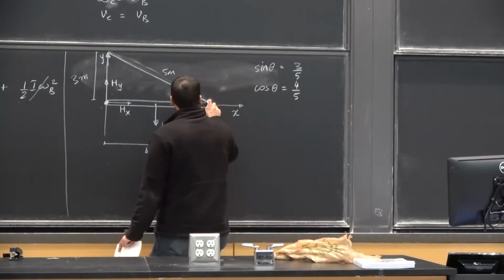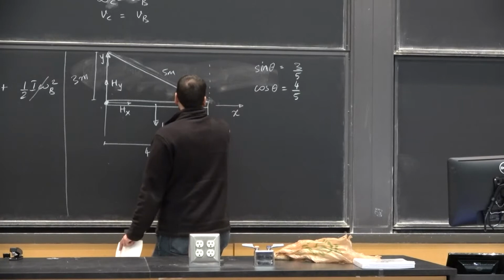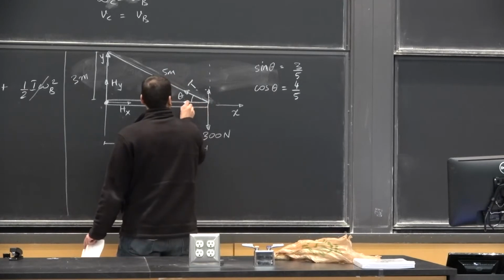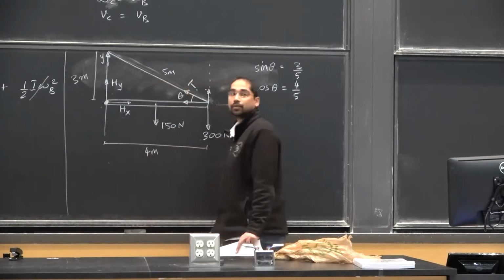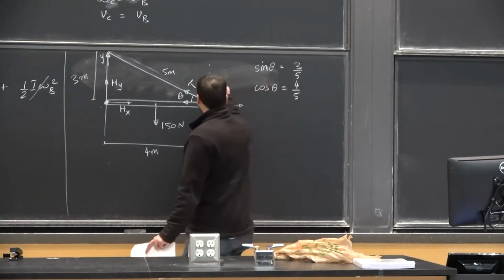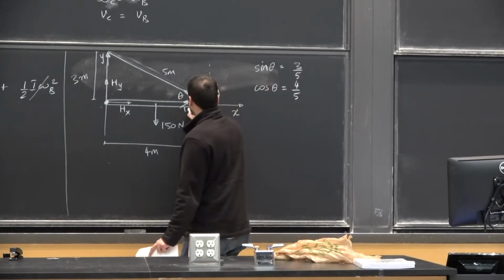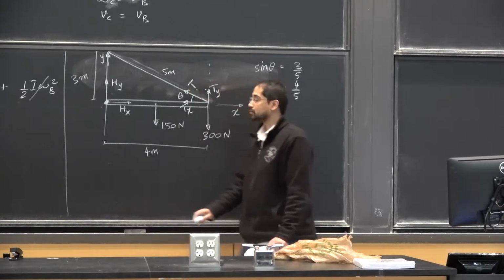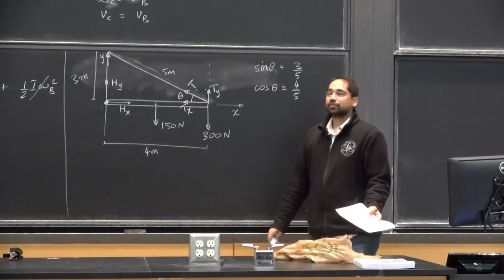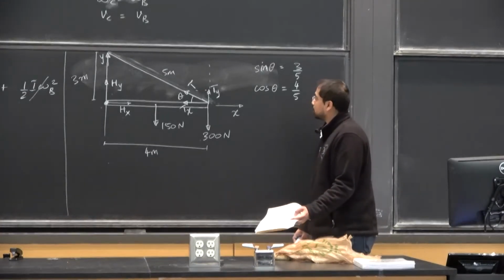So what are the components of tension along the x and y directions? Well, one component of tension points upwards, and one component of tension points along the negative x direction. So this is Ty and this is Tx. Now which of these is the sine and which is the cosine component?